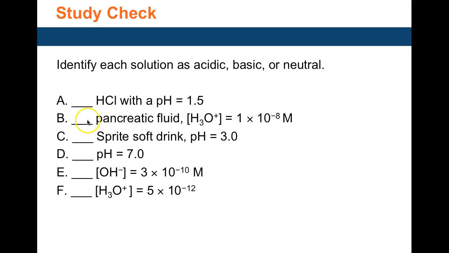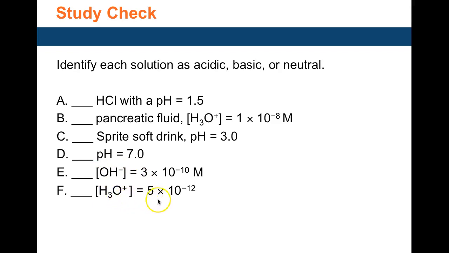So therefore it's basic. Sprite, pH 3, acidic. pH 7 is neutral. OH- is 3 times 10 power negative 10. Okay. So OH- is much less than 1 times 10 power negative 7, right? So this solution has to be acidic.